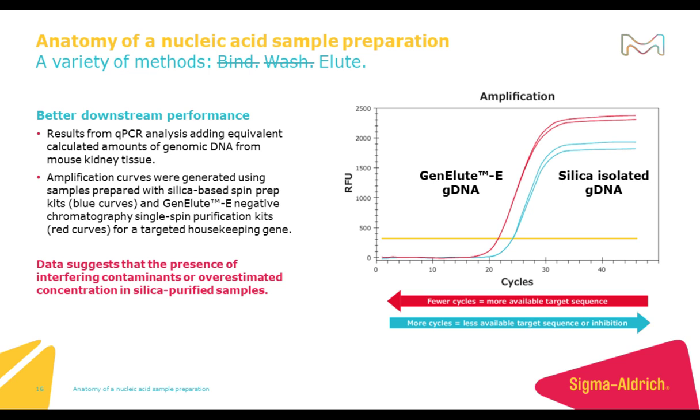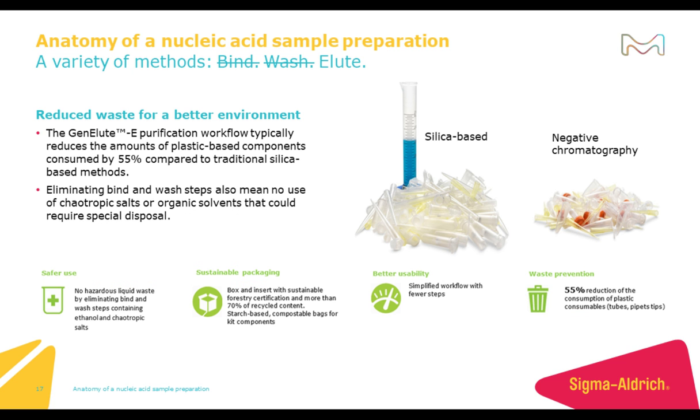Shown here is an example of a qPCR of mouse kidney tissue assessing for a housekeeping gene from genomic DNA isolated by the 2 methods, silica or GenElute E single spin. The silica isolated genomic DNA has a higher CT value, indicating either there's inhibition in the reaction or there's inaccurate quantitation of the template being added to the reaction.